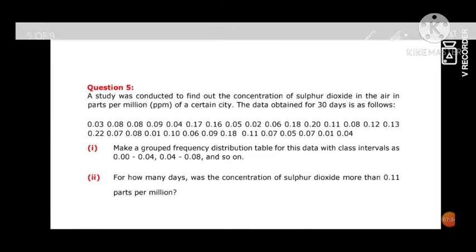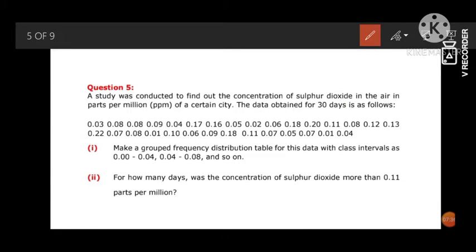Let us see question number 5. A study was conducted to find out the concentration of sulfur dioxide in the air in parts per million of a certain city. The data obtained from 30 days is as follows. So this is the data. Make a grouped frequency distribution table with class interval as this.